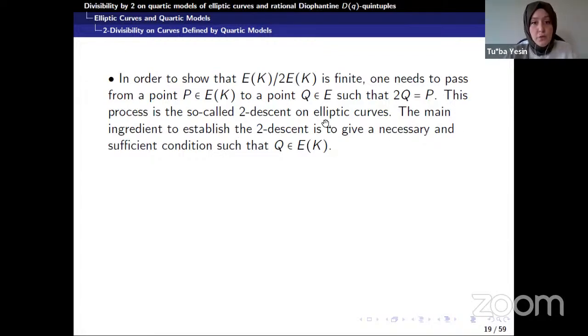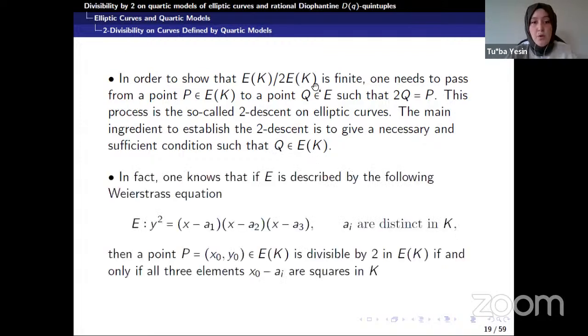The 2-descent theorem mainly gives a necessary and sufficient condition to say that this Q is a K-rational point on E. Moreover, by this theorem, if E is described by the following Weierstrass equation, y squared equals (x minus a1)(x minus a2)(x minus a3), where the ai's are distinct, and if you take a point P on this elliptic curve, (x0, y0), we can say that this point is a double point, or in other words divisible by 2, if and only if the three elements x0 minus ai are squares in K. So we are just considering the x-coordinate of this point.